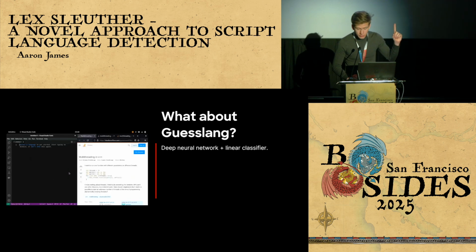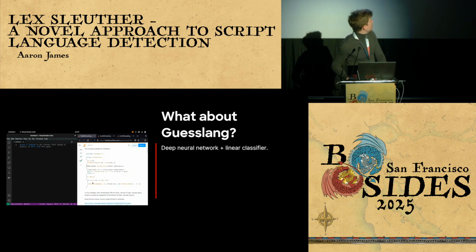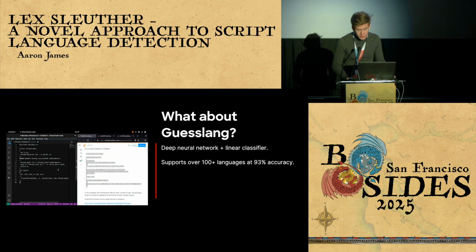Here's the screwdriver, right? GuessLang is a deep neural network with a linear classifier. And as you can tell by the GIF, maybe, oh, nice. It's used by VS Code. And it supports over 100 languages, which is actually kind of a bad thing for our context. We'll talk more about why later. And it's also not nearly as portable as the other options.